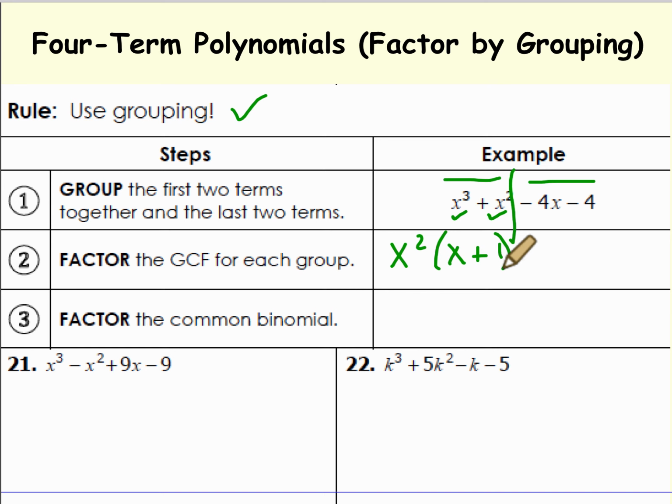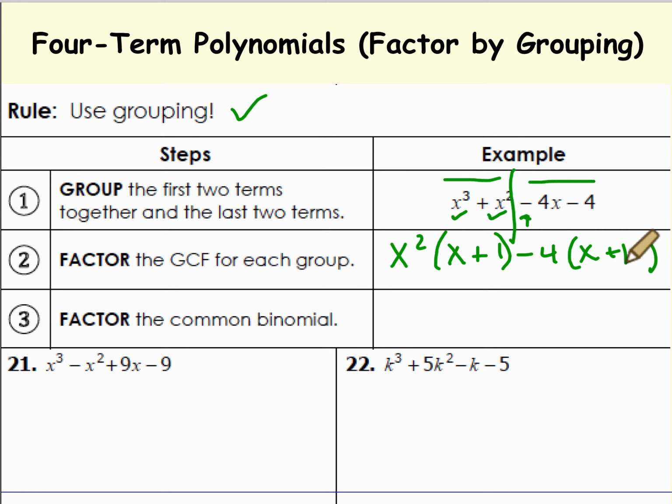When we factor the second half, always look to see what the sign of the leading coefficient is. If it's a negative, always factor out a negative, and then look for the common factor in the two terms. In this case, they both are divisible by 4. Negative 4x divided by negative 4 gives 1x, and negative 4 divided by negative 4 is a positive 1.